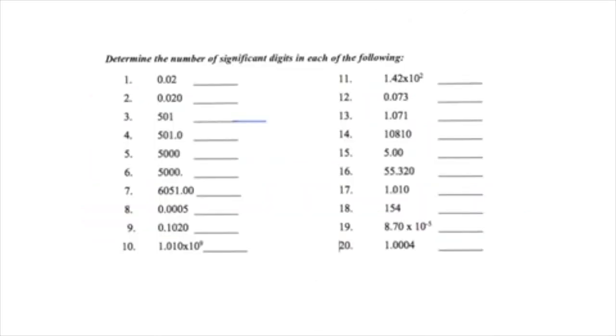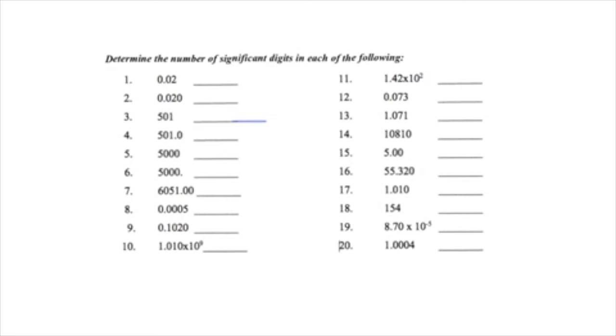So here are all of the class practice problems that we have. We're going to do a few, and then, like normal, pause the video, try to work a few more of them out, and then all of the answers will pop up on the screen. So let's look at number 1, 0.02. You have to identify your zeros first. Before you go start counting, before you make any guesses, first just identify the kinds of zeros that you have. So 0.02.